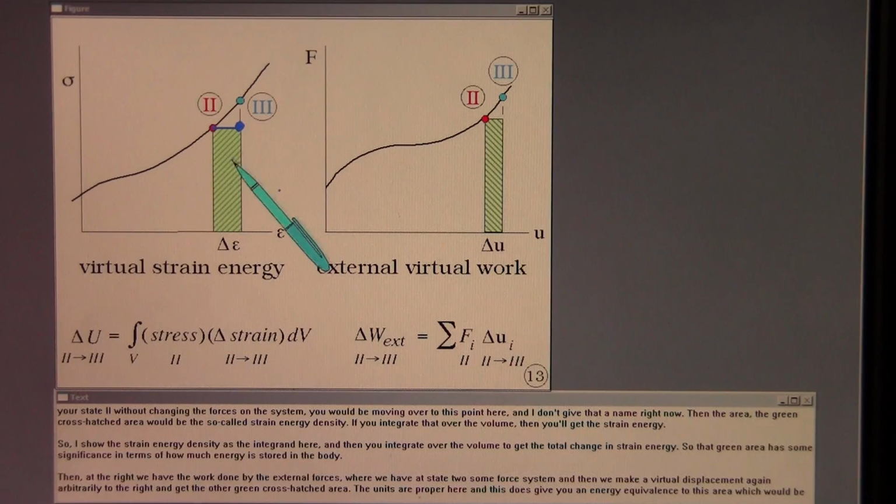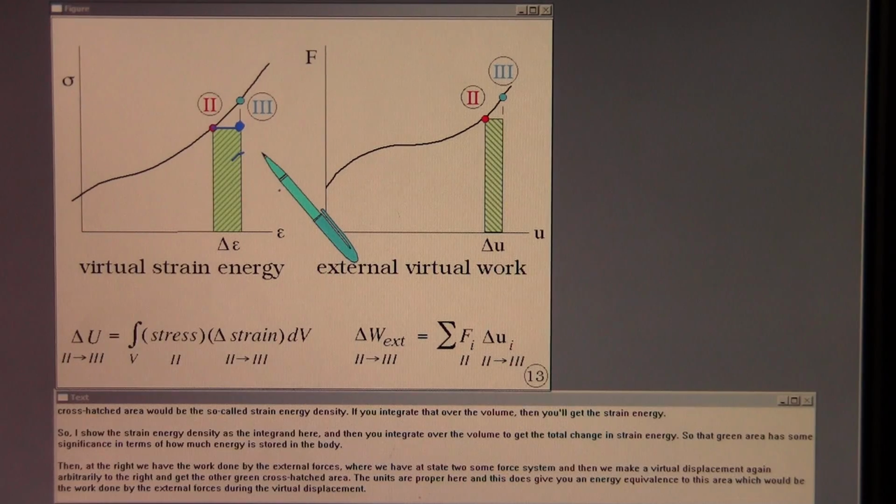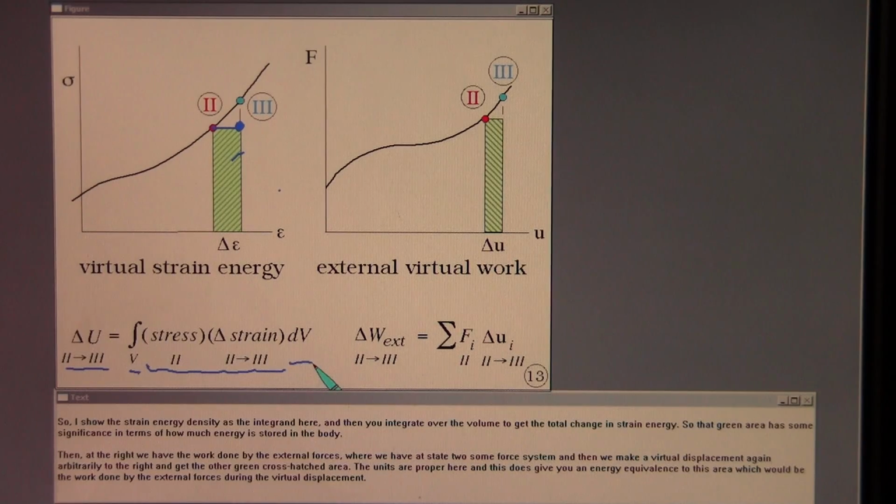Then the area, the green cross-hatched area, would be the so-called strain energy density. If you integrate that over the volume, then you'll get the strain energy. So I show the strain energy density as an integrand here, and then you integrate over the volume to get the total change in strain energy. So that green area has some significance in terms of how much energy is stored in the body.